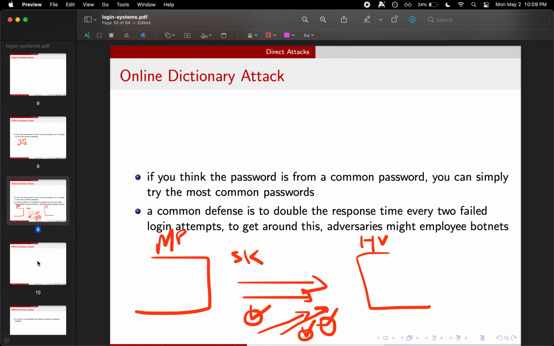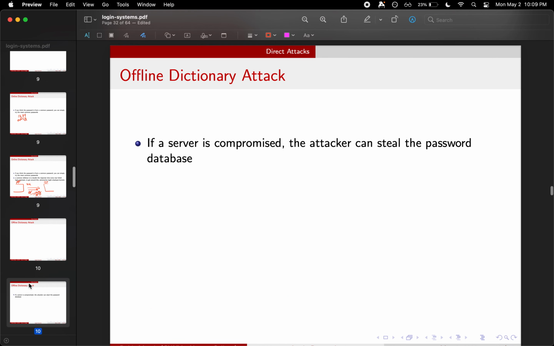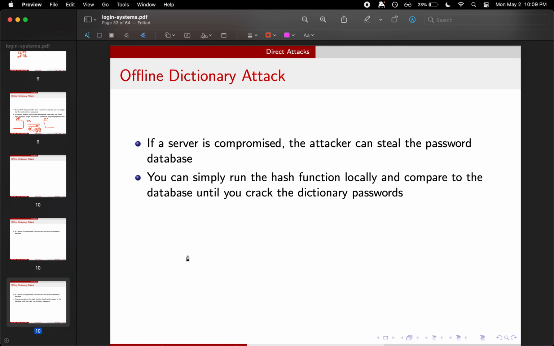Now that doesn't protect against what's known as an offline dictionary attack. So if the server is compromised, the attacker could just steal the password database. And you can run a hash function locally and compare it to the database and then you crack the passwords.